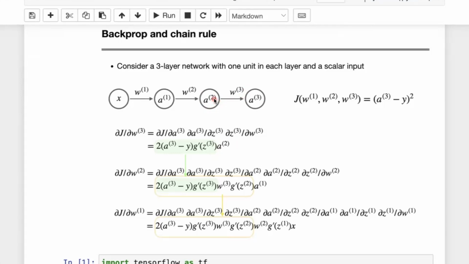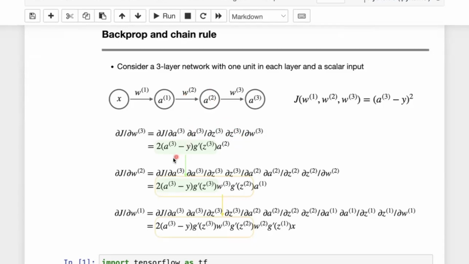But the nice thing is that we can continue this journey towards the beginning of the network even one more step, right? So if you want to find the partial derivative of the loss function with respect to W2, we already found that we have this partial derivative with respect to this part of the network, and now we have to go one step backwards. And the nice thing is that you can use some of these results that you already have.